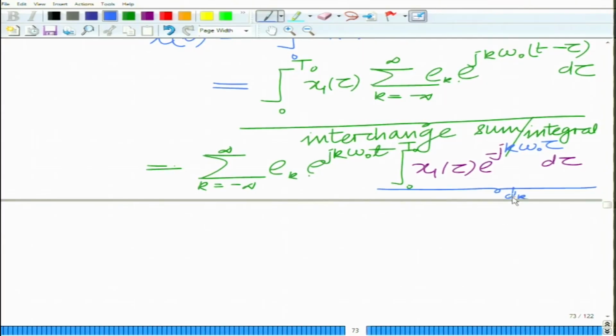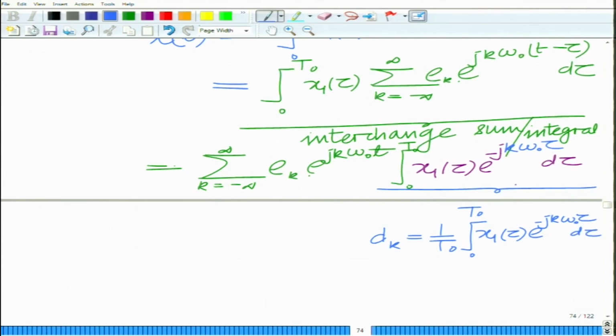This is in fact not dk, but t naught times dk, because dk equals 1 over t naught times the integral 0 to t naught of x1 tau e raised to minus j k omega naught tau d tau.